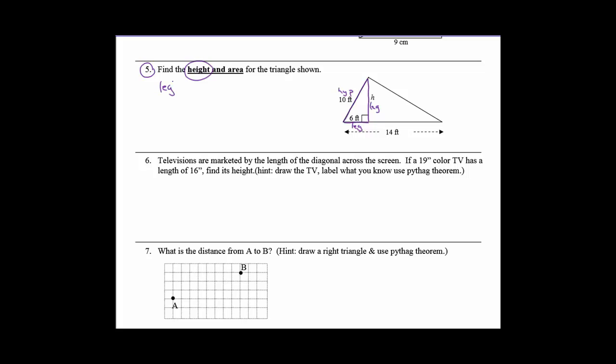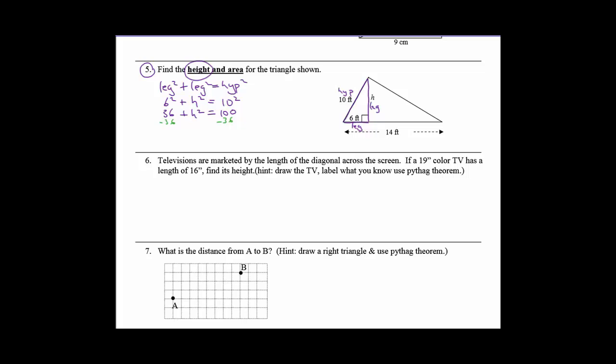So if I start with my Pythagorean theorem, leg squared plus leg squared equals hypotenuse squared, then I can plug in what I know. One of the legs is 6, the other leg is h, and then the hypotenuse is 10. 6 squared is 36, 10 squared is 100. Now I'm going to need to subtract the 36.